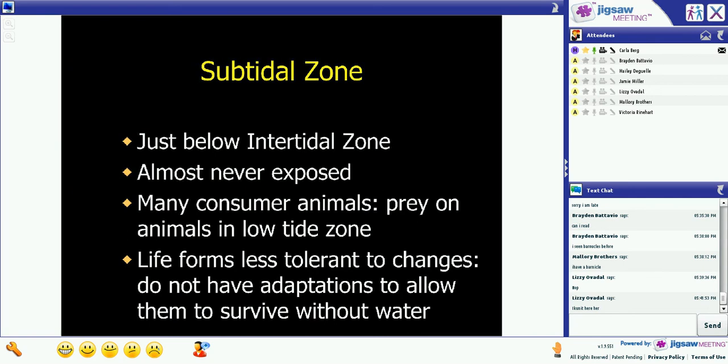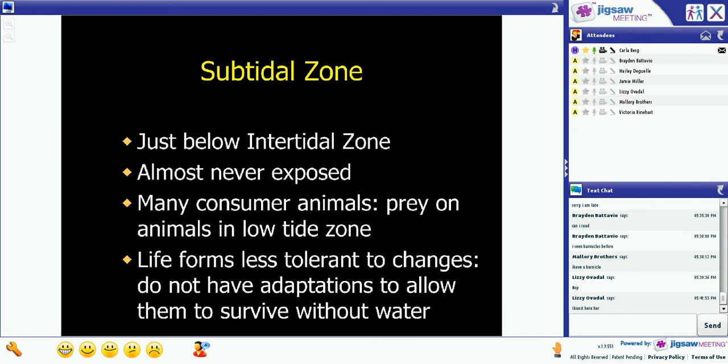So now we have the subtidal zone. The subtidal zone is the area just below the intertidal zone. It is almost never exposed to the air. There are many consumer animals that prey on animals in the low tide areas.